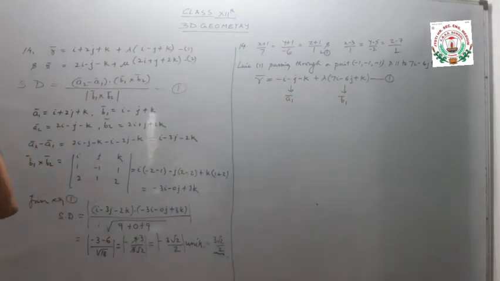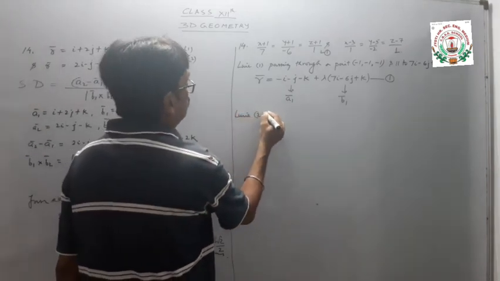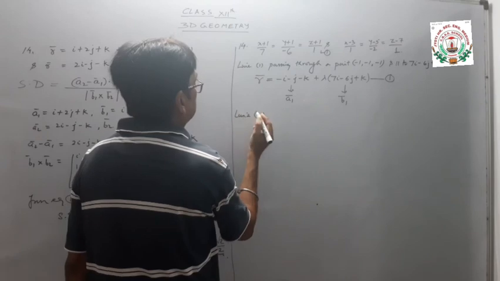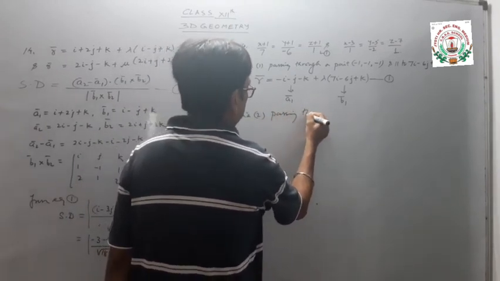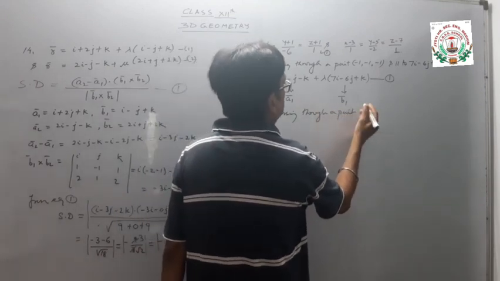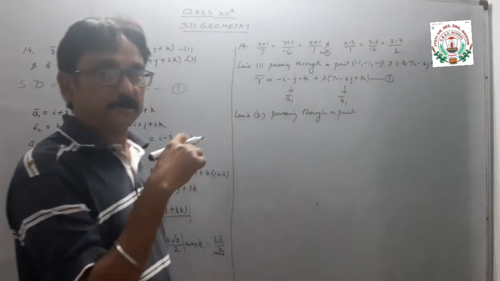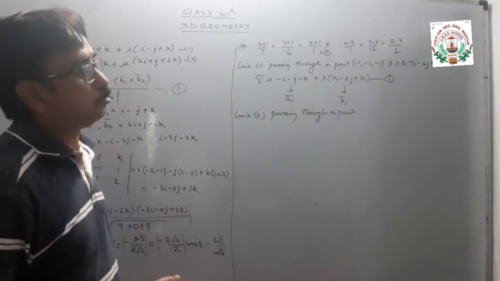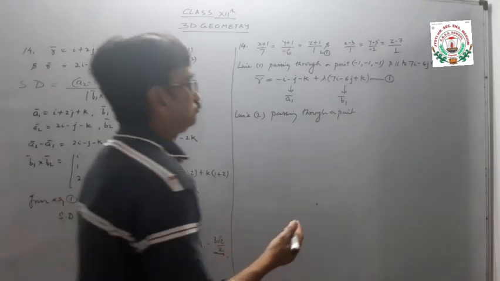Clear? In the same way we will convert the second line also. Line 2 is passing through the point 3, 5, 7, because it is already in the form x minus x2 upon a2, y minus y2 upon b2, z minus z2 upon c2.